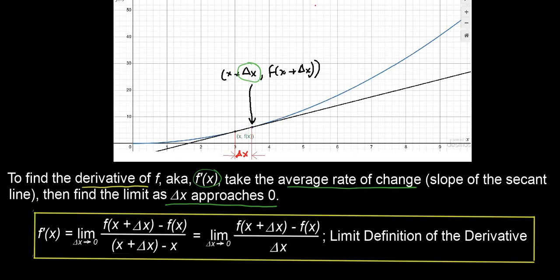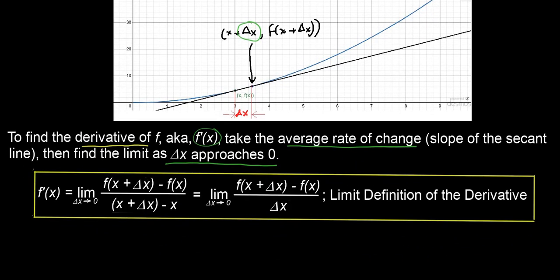Notice how the expression is formed. We're taking the function value at the end minus the function value at the point of interest, and we're dividing by the change in x from here to there. When we simplify the denominator, we get just delta x. And so this expression here forms the heart of the derivative.